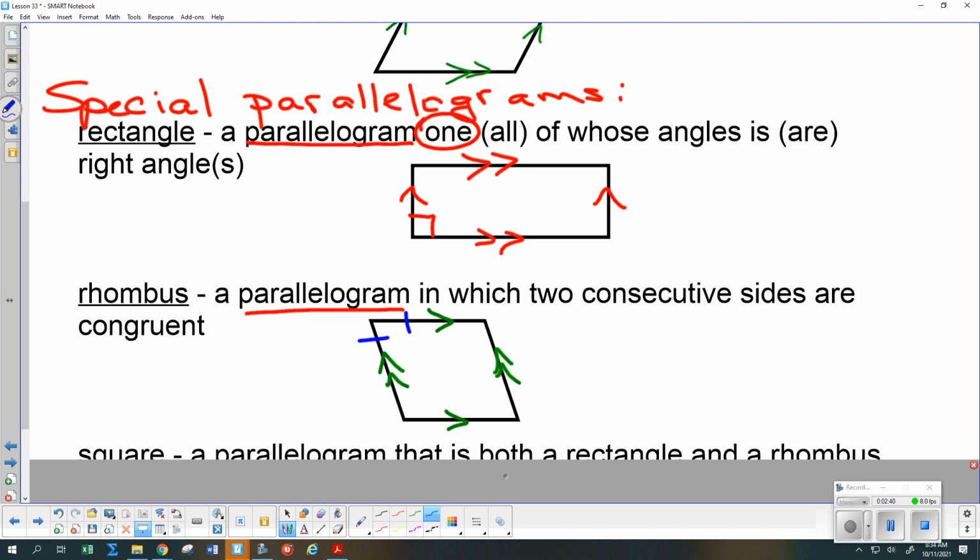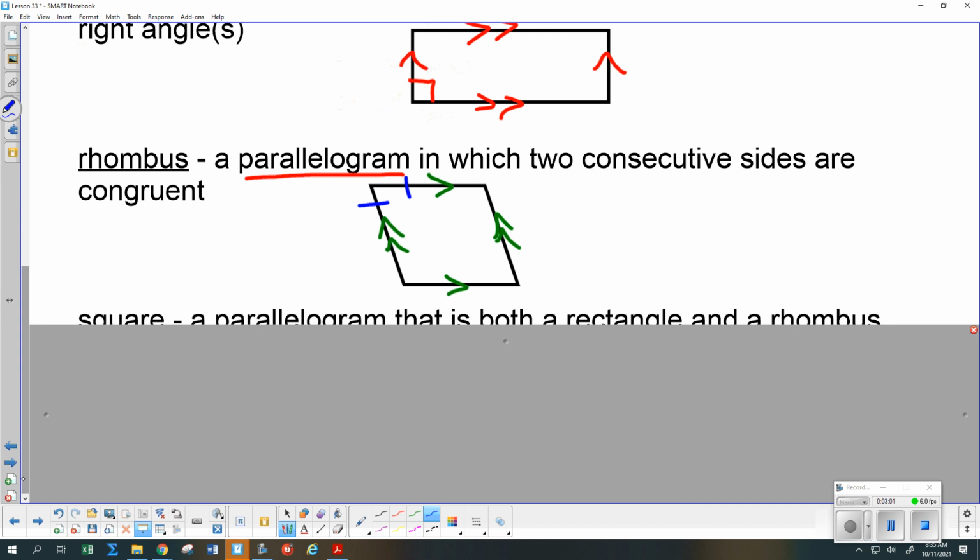So if we needed to prove that it was a rhombus, we'd have to be given or be able to show top and bottom parallel, left and right parallel, and two sides congruent. We wouldn't have to go through and show the first side is congruent, the second side is congruent, the third side is congruent, the fourth side would be a little bit shorter than that.